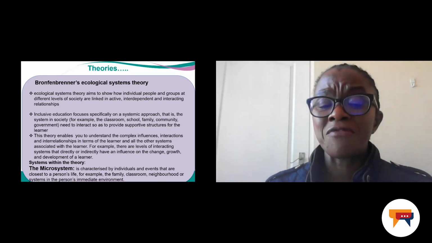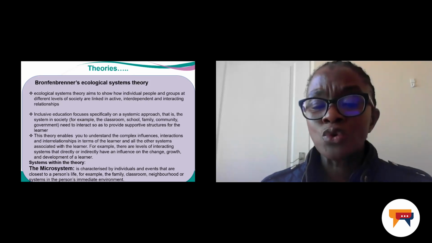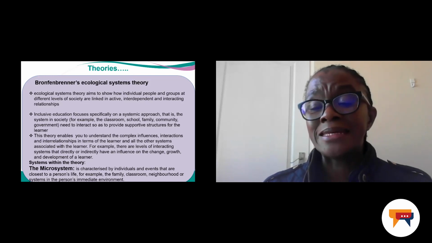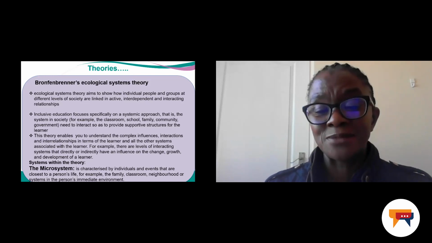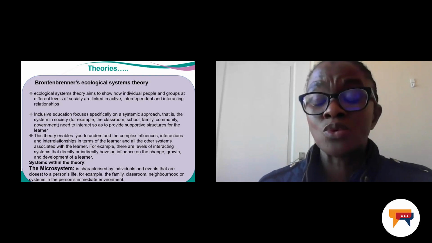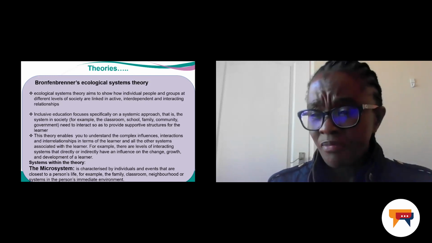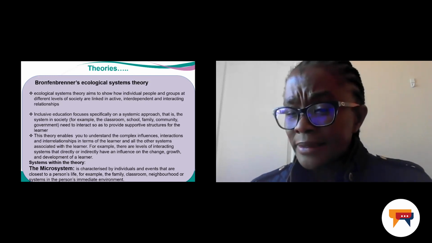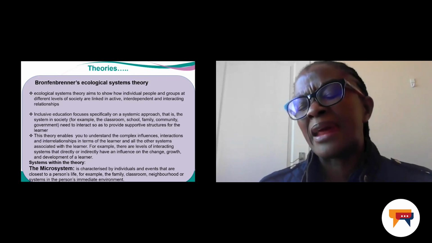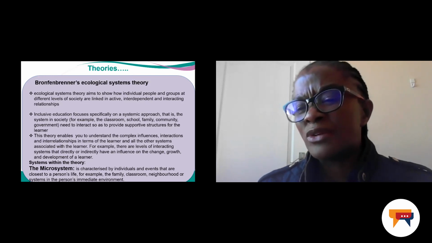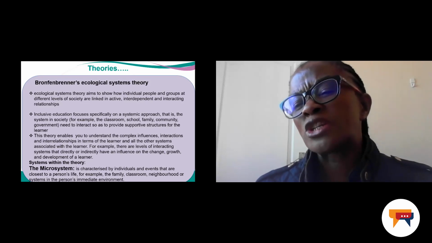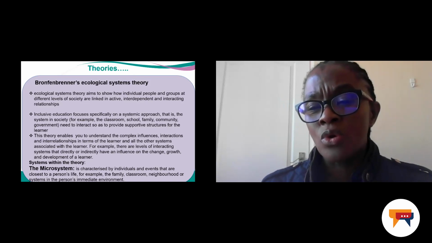This theory also emphasizes that you should understand the complex influences, interactions, and interrelationships between the learner and all other systems associated with the learner. For example, a learner does not sit still, or you see that this learner is not responding or is not active at school, in the classroom.